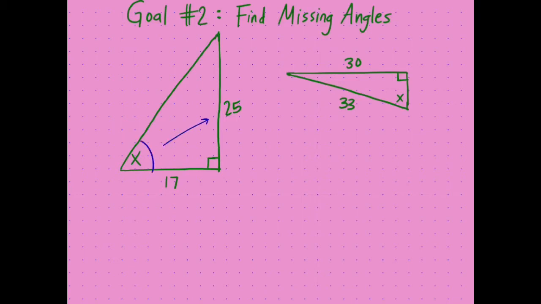This is opposite, 25. This is adjacent over here. I don't have the hypotenuse. I don't need the hypotenuse. Hypotenuse is not involved. I could find it with the Pythagorean theorem if I wanted to, but use the numbers you're given, right? So this is a tangent. Tangent of x equals opposite 25 over adjacent 17.